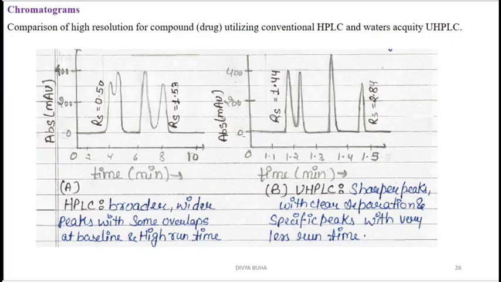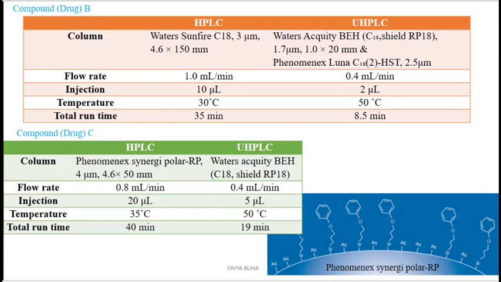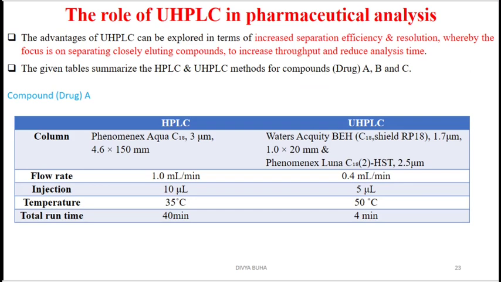So economically the UHPLC process would be better, right? Because it would be more economical, less costly, right? So there are various reasons through which UHPLC is superior as compared to the HPLC technique. So that's it for this particular topic, and with this, we finish the applications of UHPLC for pharmaceutical analysis. Thank you.